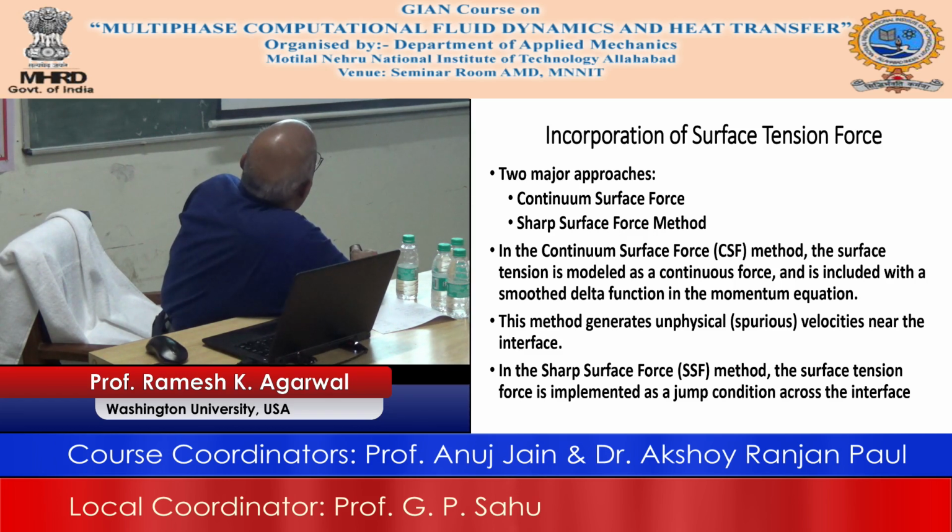So it is written here that in the continuum surface force method, the surface tension is modeled as a continuous force and is included with a smooth delta function. I don't know how many of you have heard this word, smooth delta function, which means that the delta function is multiplied by some kind of factor, so it doesn't just jump to 1, but goes through some smooth transition.